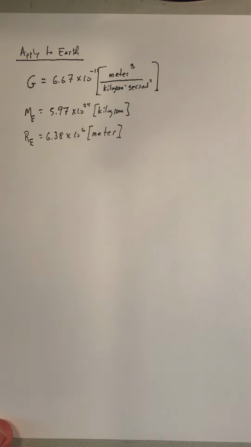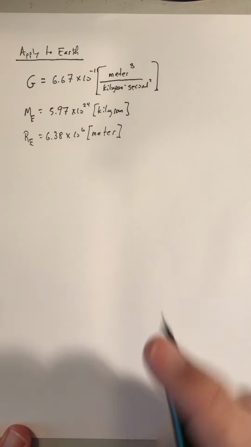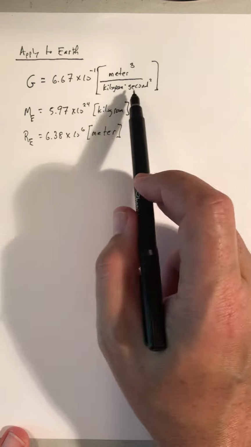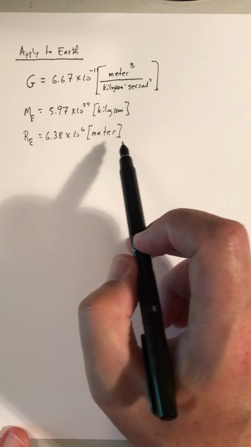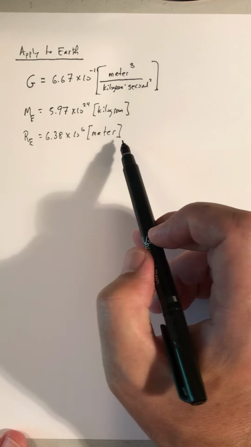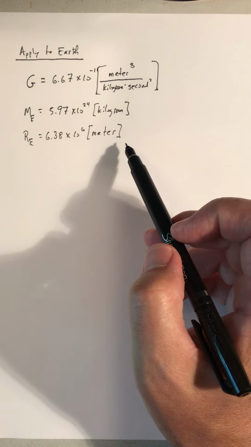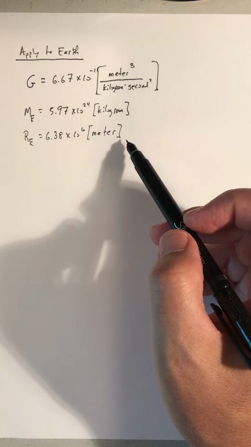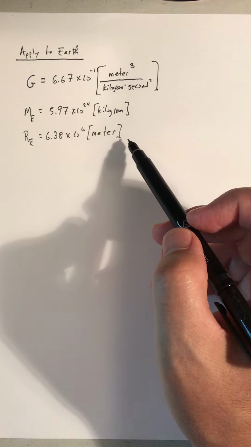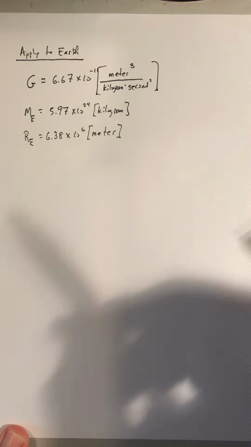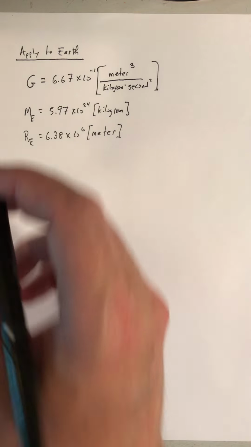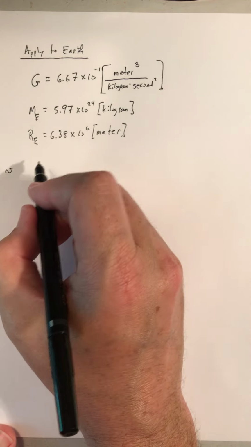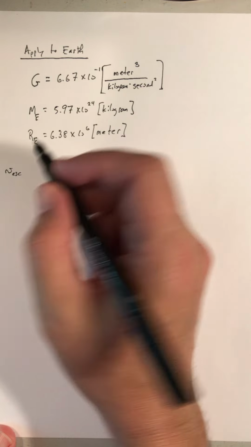So the average radius of the Earth. All right, and since G is in this set of units, I know the mass has to be in kilograms and the radius has to be in meters. If it's not, then it's not going to work out. We're going to have some additional factor from converting one set of units into another. All right, so we put this all in and calculate the escape speed for Earth.